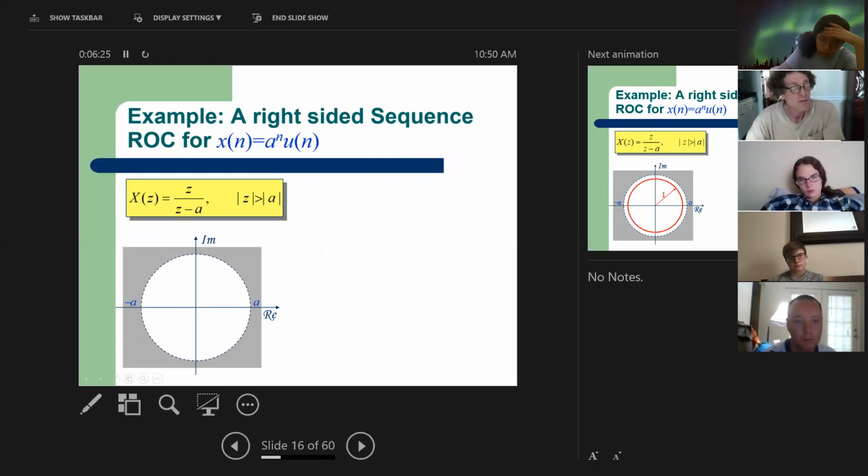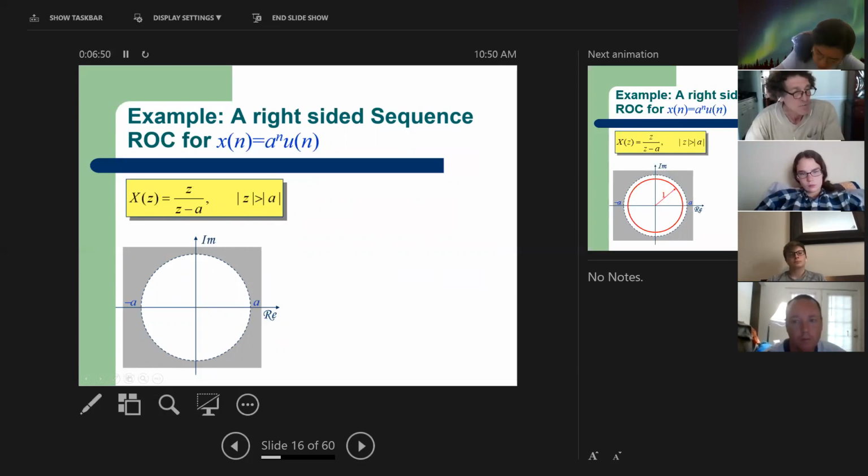What values of a make this a finite summable series, where the later values will not tend to get larger? It has to be less than 1. And it's pretty obvious if you look at it, right? So the region of convergence of this will be for z greater than or equal to a, whatever a is.